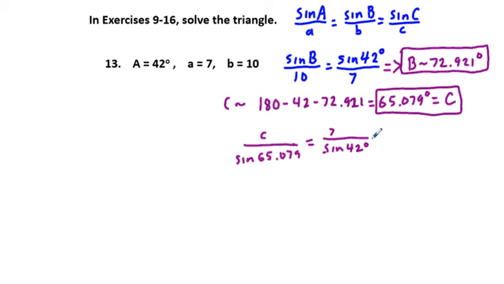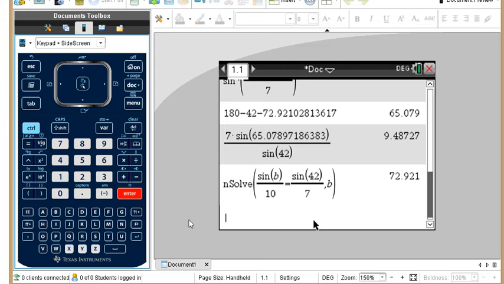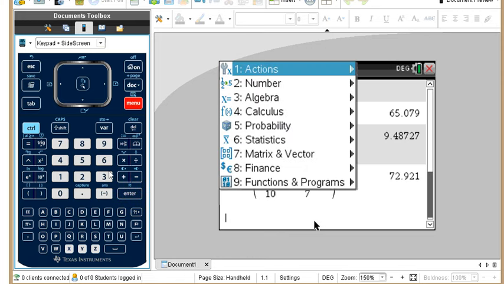And again, we're going to go to numerical solve. So here we are. Menu 3.1.